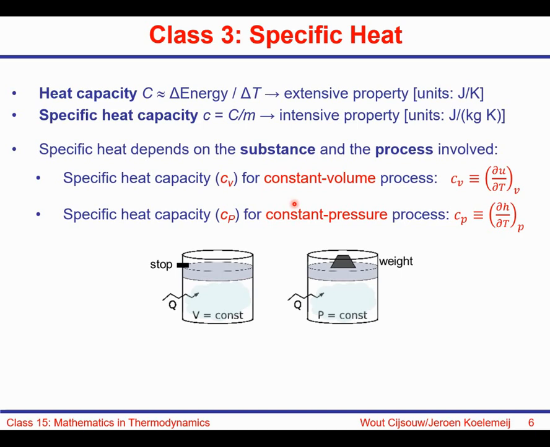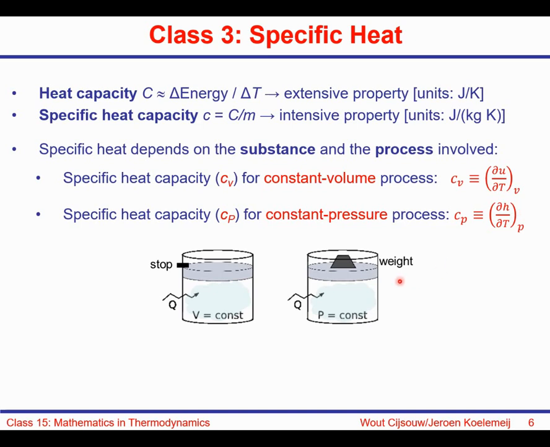In that case, you need to work with the specific heat capacity Cp, which is defined as the change in enthalpy with respect to temperature for a fixed pressure. And of course, you want to use enthalpy here because this change in energy now does not only involve a change in U, like here, but it also involves a possible work that has to be done, flow work, for example.